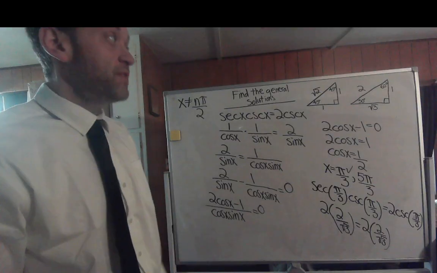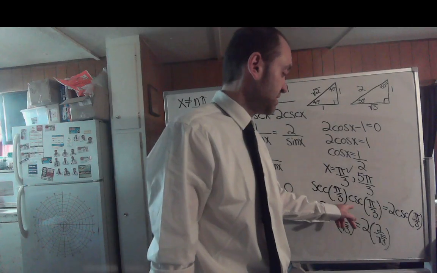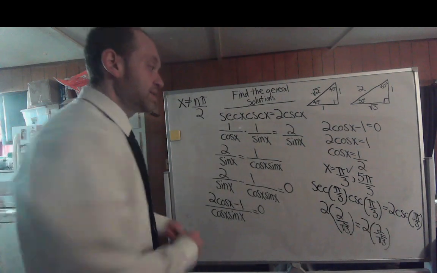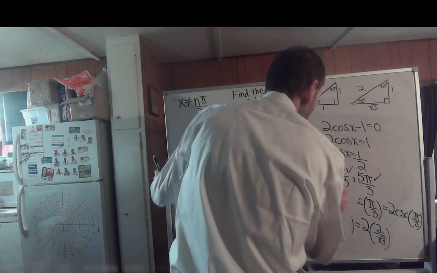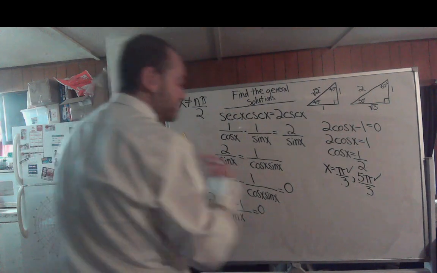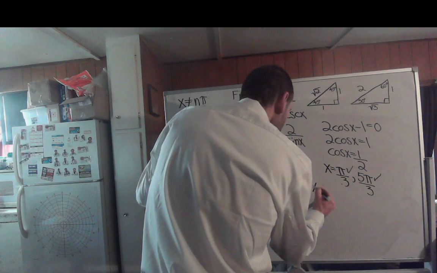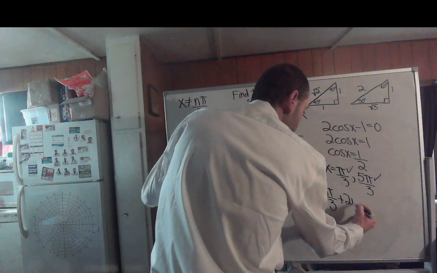And even 5 pi over 3 would, because you would have a negative of this on the left side equaling a negative of that on the right side. So both of those solutions actually check out. So I think we're only going to do 2 more after this. So x would equal pi over 3 plus 2n pi, because the period of the secant and cosecant both are 2 pi.